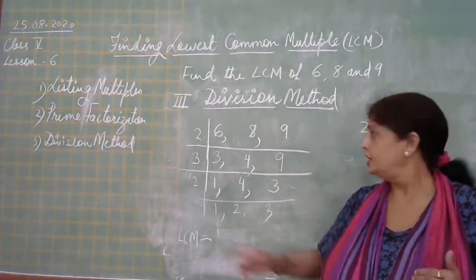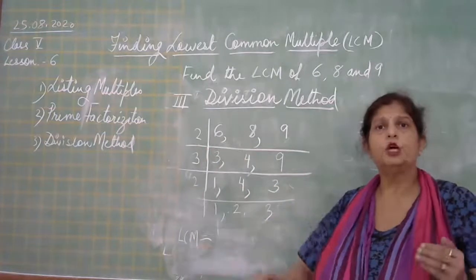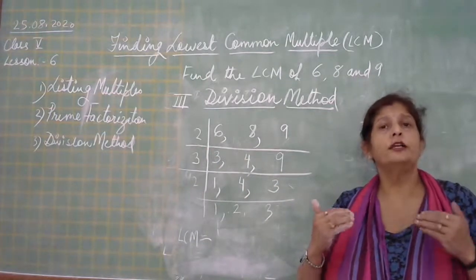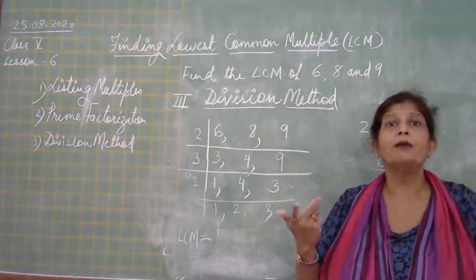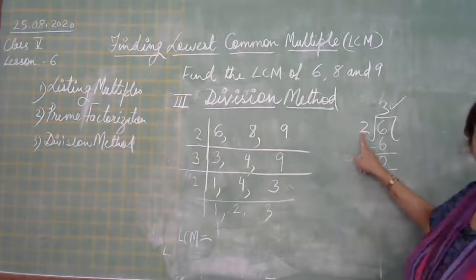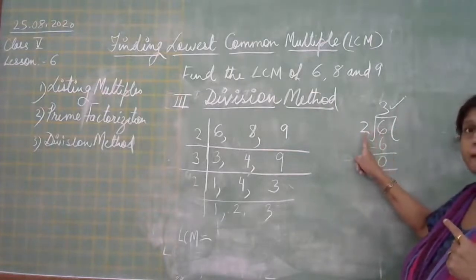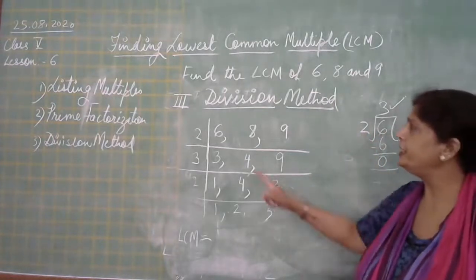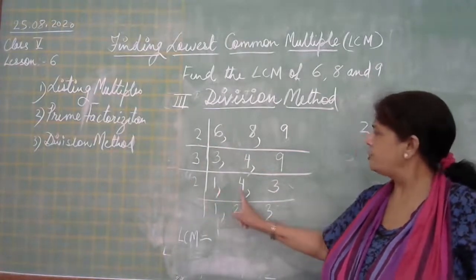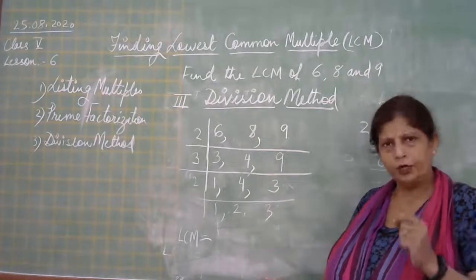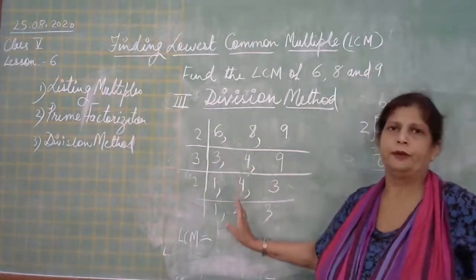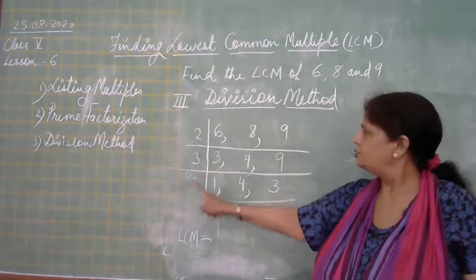How do we find LCM? These are divisors, because we have divided by these numbers. The numbers which we use for division are called divisors. I am talking about divisors. We will take all the divisors and the numbers which you have got here, which are co-prime numbers or prime numbers, and we will multiply. Right? 1, 2, 3.